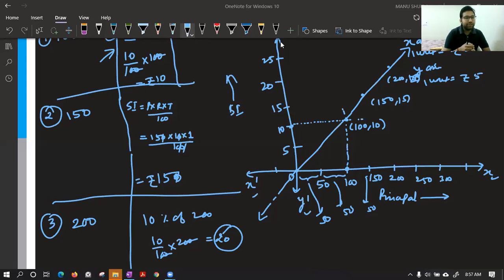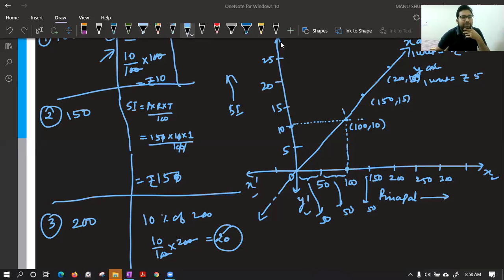That means if the principal deposited is 0, and the line is crossing through the origin, that means if for the x portion you give 0, the y portion will also be 0. If any graph goes through the origin, it means only one thing: for 0 quantity of the x portion, you will get 0 quantity of the y portion also.